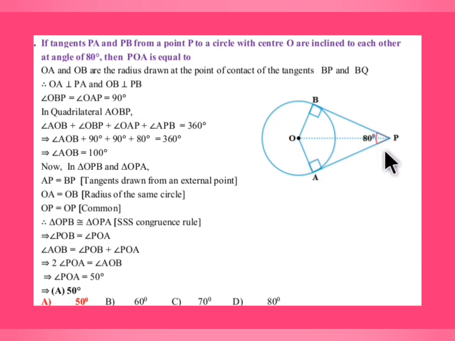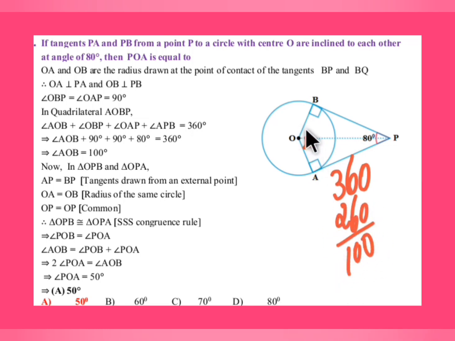We have to find out POA. This angle we need to find out now. As usual, this is a quadrilateral. You can use the formula. Sum of the angles in a quadrilateral is 360 degree, and hence here 90, 90 plus 80 gives us 260. So subtracting this, you get 100 degree. Hence this angle will be 100 degree.